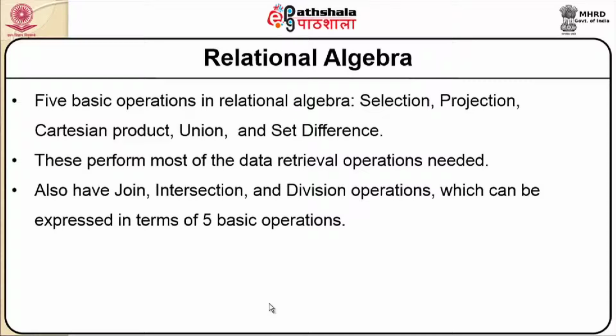There are basically 5 relational algebra operators. Those are selection, projection, Cartesian product, union and set difference. These 5 operators perform most of the data retrieval operations that are needed, and we also have other operations like join, intersection and division, which can be expressed over and above these 5 operators.